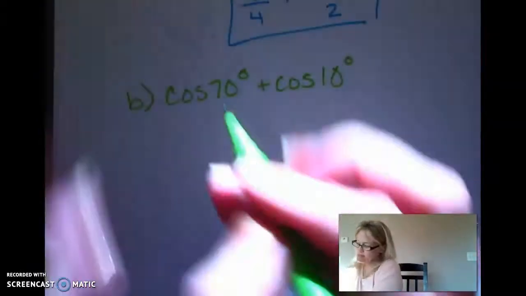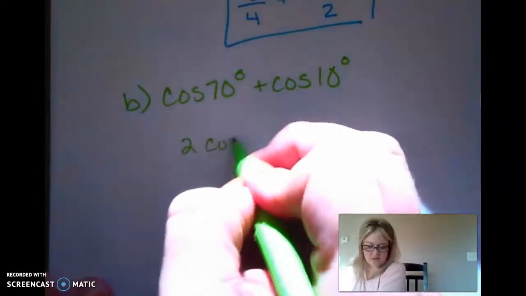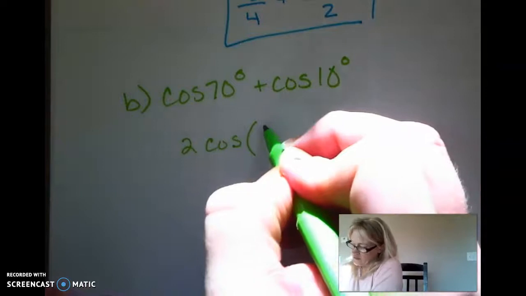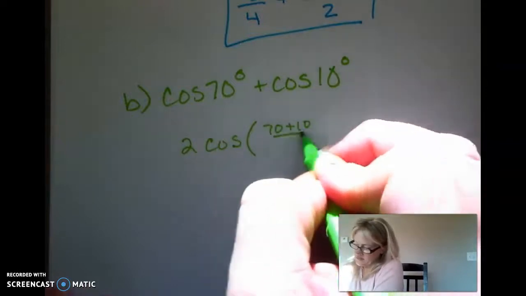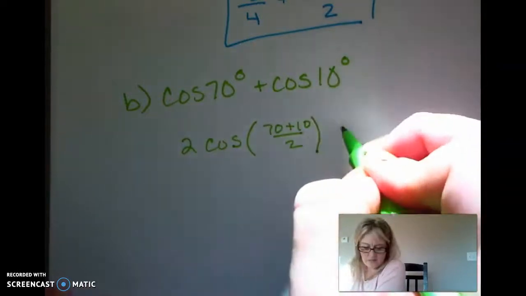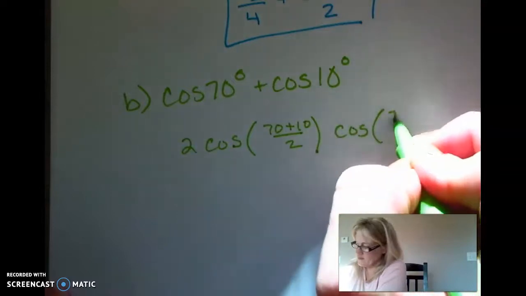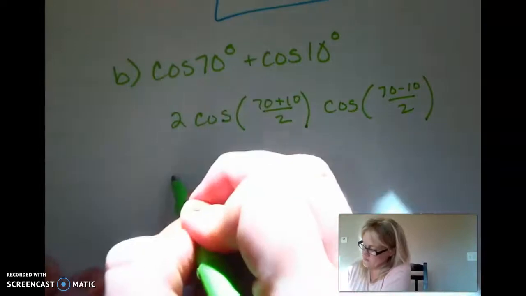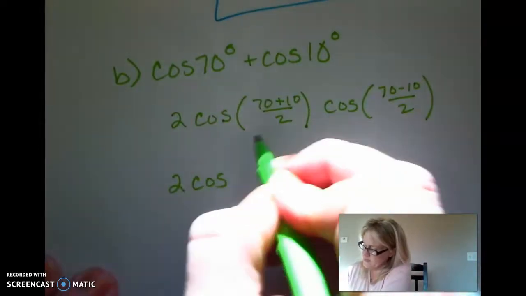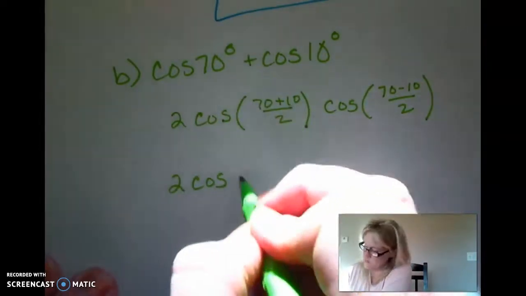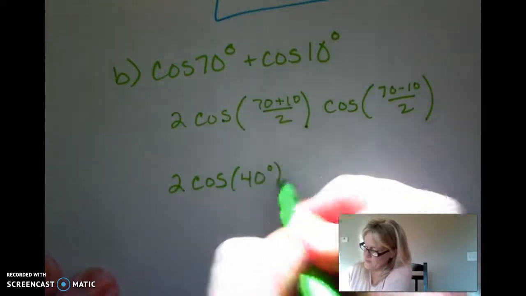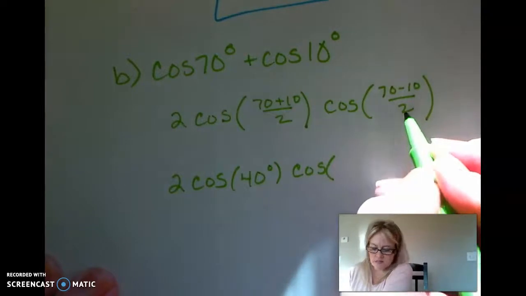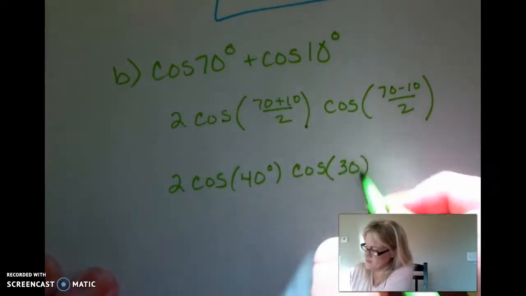So it says 2 times the cosine of u plus v divided by 2 times the cosine of u minus v divided by 2. So I have 2 times the cosine of 80 divided by 2, which is 40 degrees, times the cosine of 60 divided by 2, which is 30 degrees.